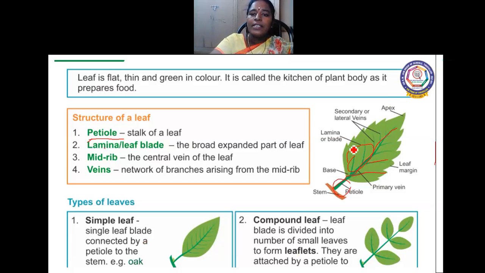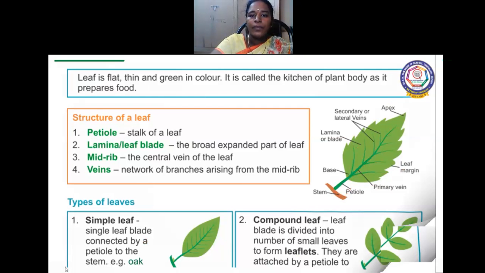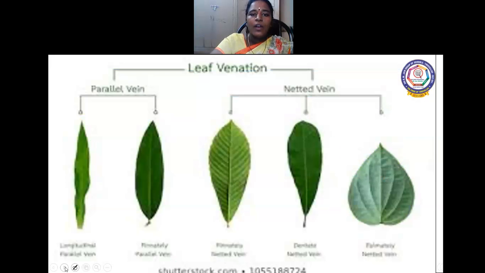Let me see how the veins are arranged in the leaf and what the types are. If the veins are arranged parallel to one another, it is parallel venation. And if the veins are arranged in a netted, network-like pattern, it is reticulate venation.